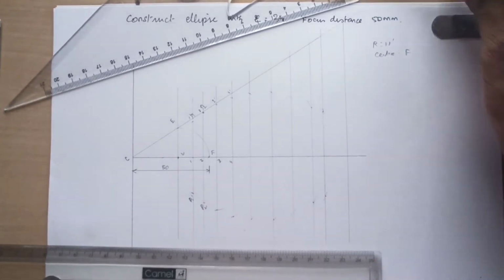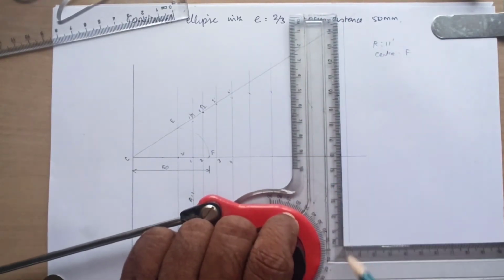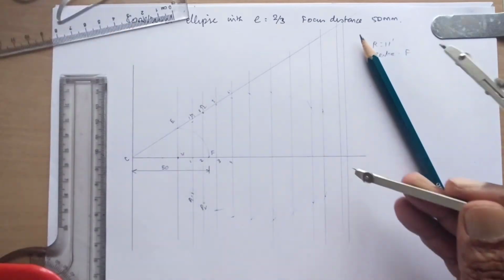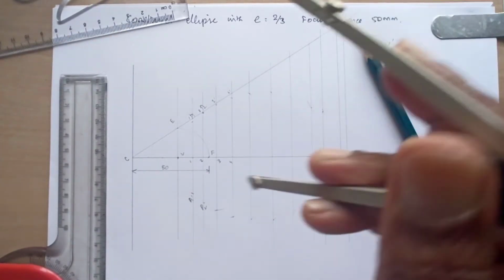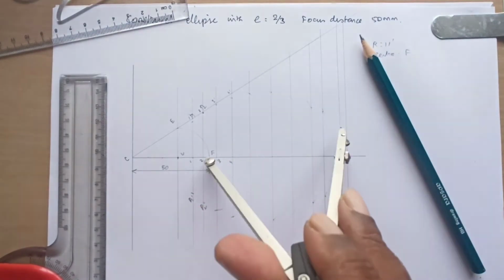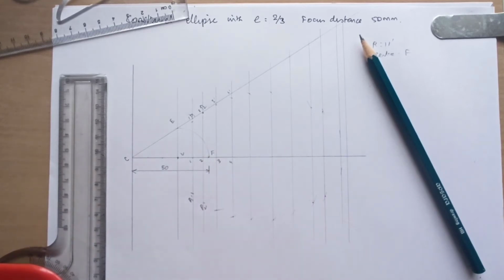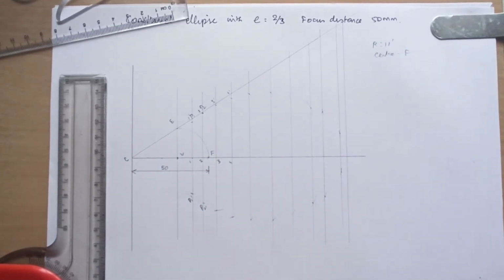Now we need some more lines to be generated. Here as well as here.